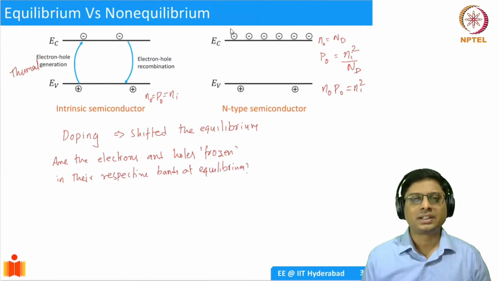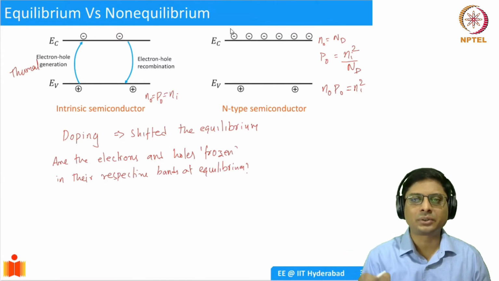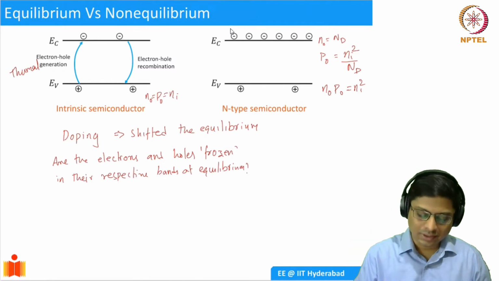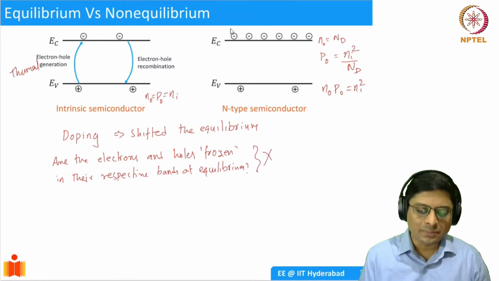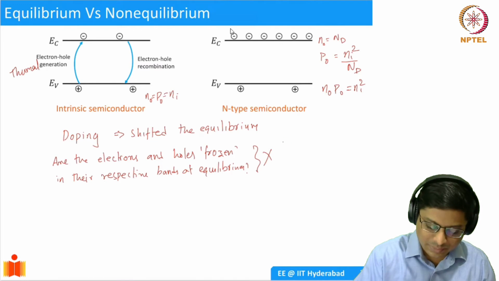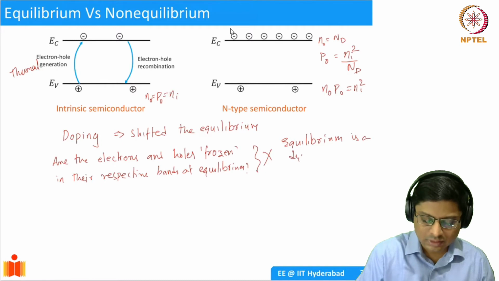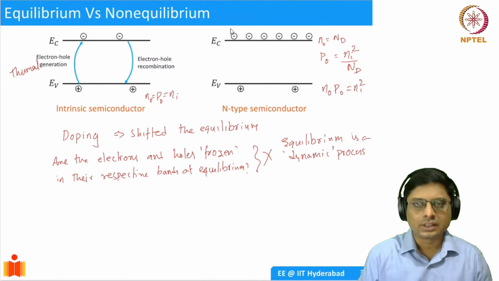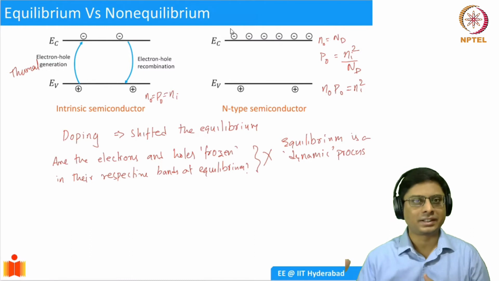Since we said that the electron and hole concentrations are whatever given by these expressions, right, does it mean that a particular electron is always going to be in a particular band? Well, the answer is no, it's not true. So equilibrium implies that the net electrons and net holes are going to be the same. Okay, so equilibrium is a dynamic process, by which I mean that electron and hole pairs are continuously generated and simultaneously they're getting annihilated.